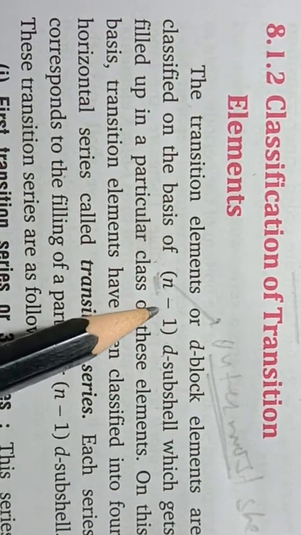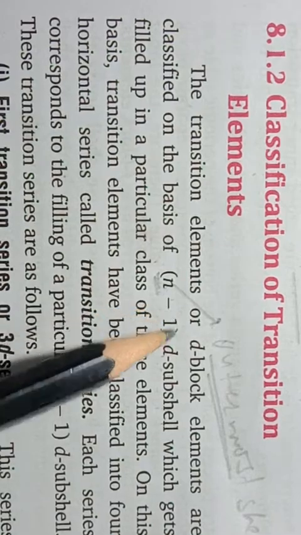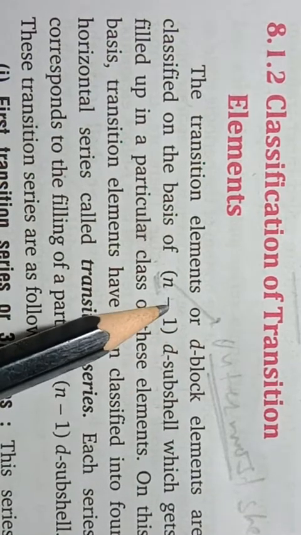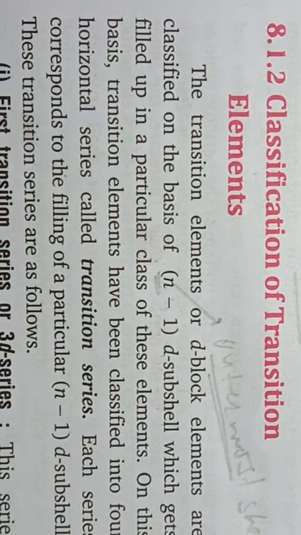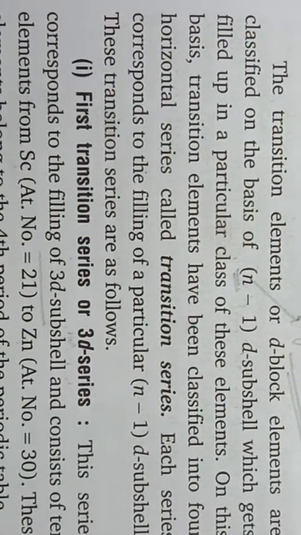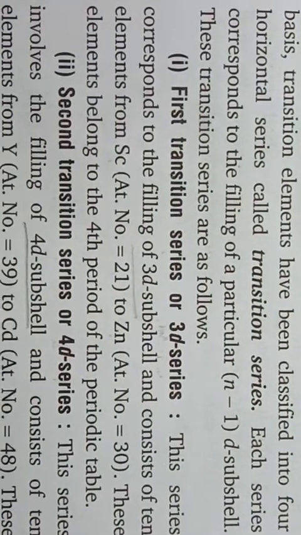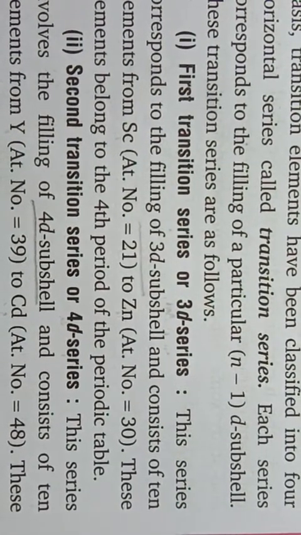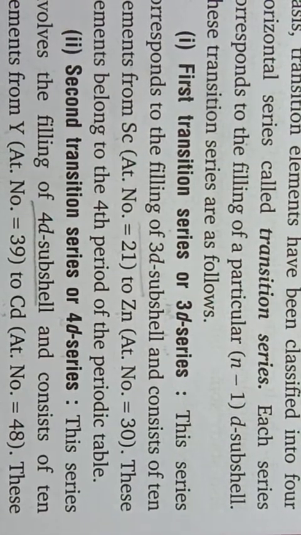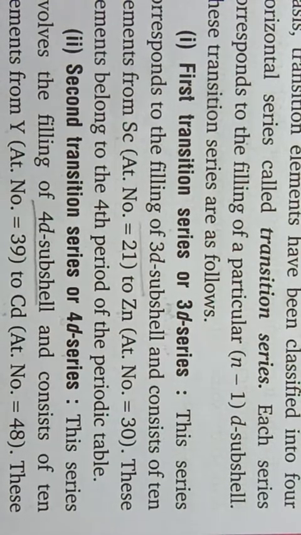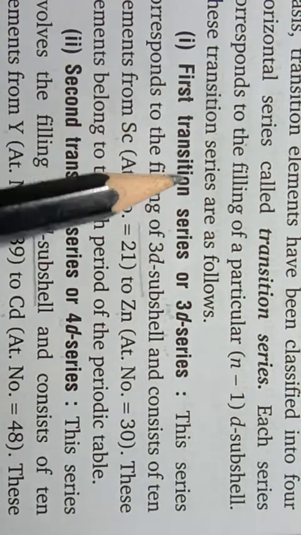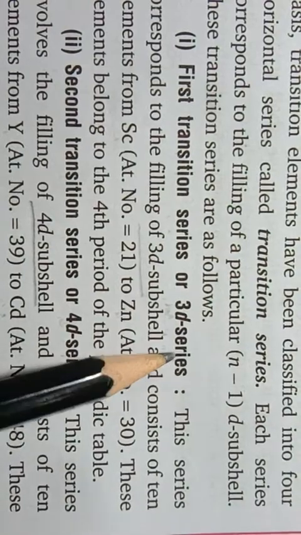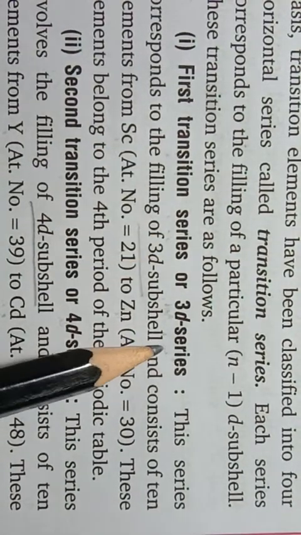So last electron enters in D subshell of penultimate shell. Okay students, and on the basis of number of D subshell, these elements can be divided in four different series, and the first series is known as 3D series, first transition series or 3D series.